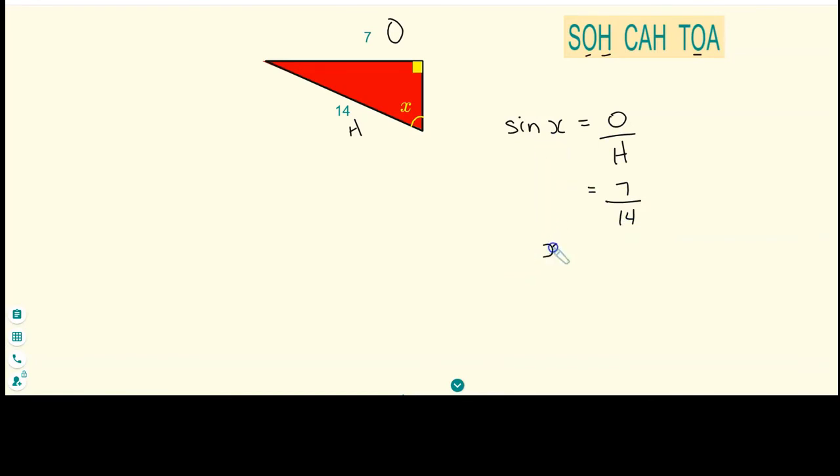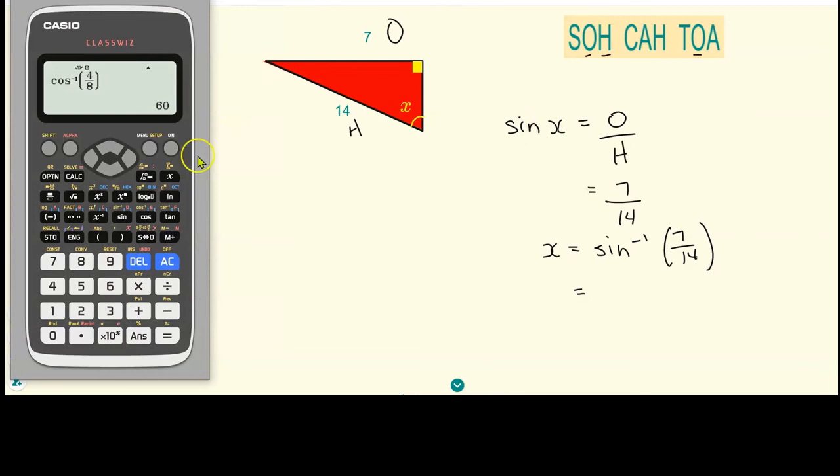Now we want just the angle x, so we're going to move this sin to the other side of the equation, and it becomes arc sine, which has a -1 there, of 7 over 14. So let's get our calculator and find the value for angle x.